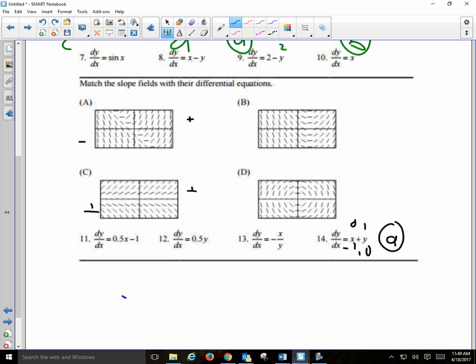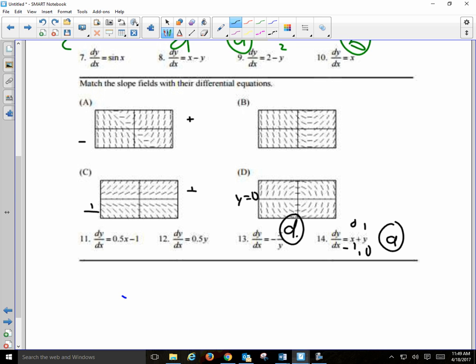Okay? If you look here, the y value is equal to 0 along the x-axis, and there's no slope. Which one would have no slope? 13. So D is 13. If you've got a 0 value for y, then it would be undefined.